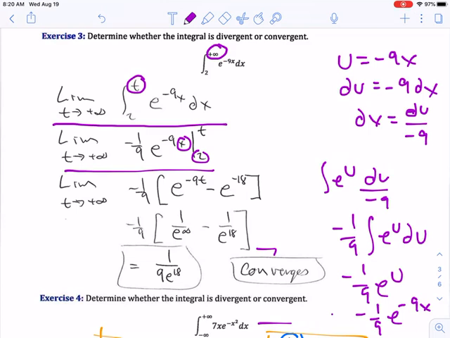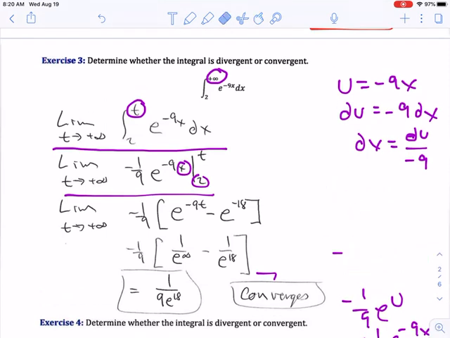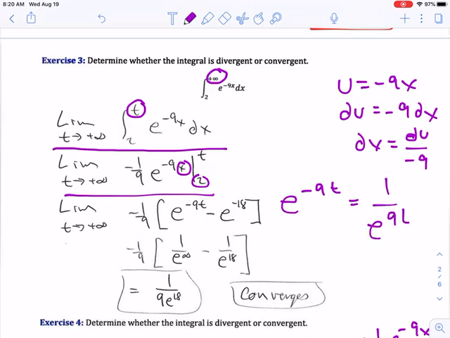Again, because the exponents are negative, here's another way I like to think about that. Here's another little trick that you can do with these exponentials to a negative. E to the negative 9t is equal to 1 over e to the positive 9t.